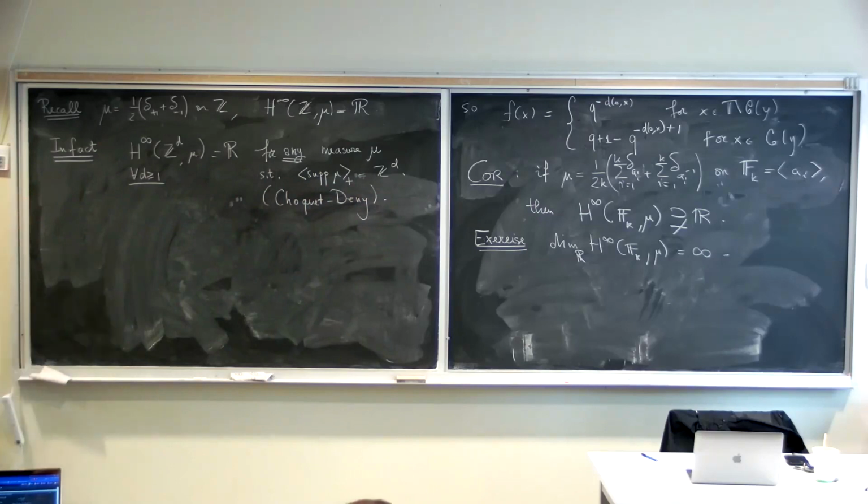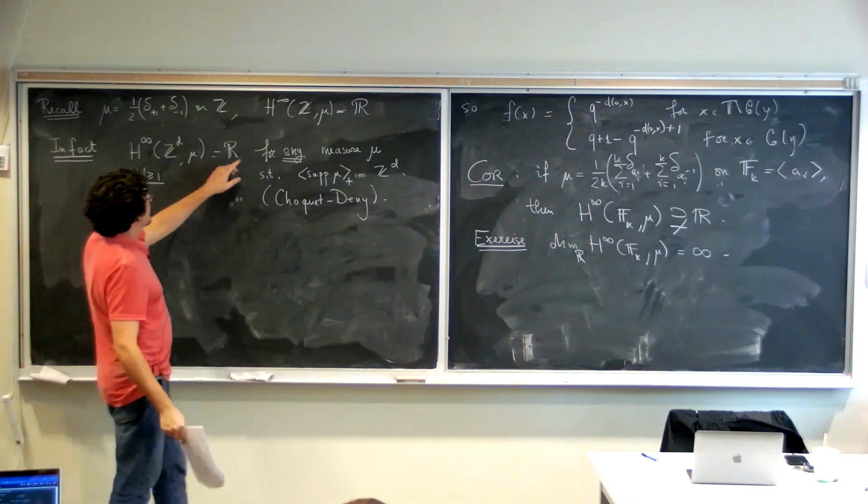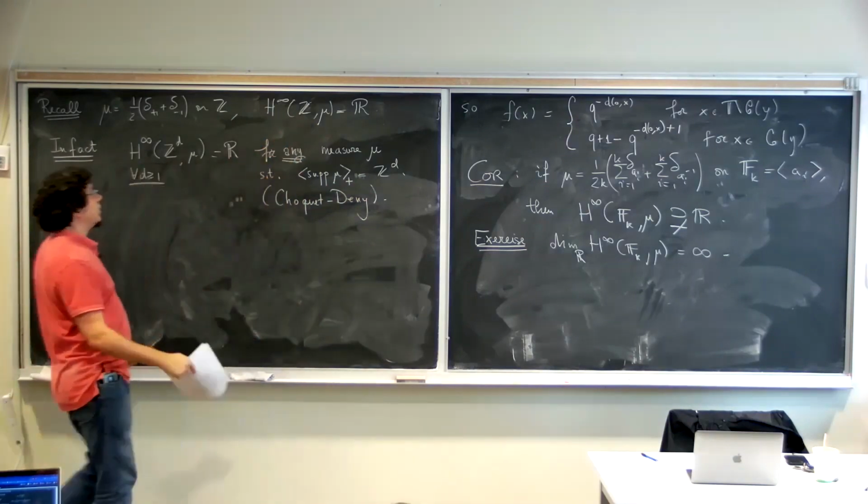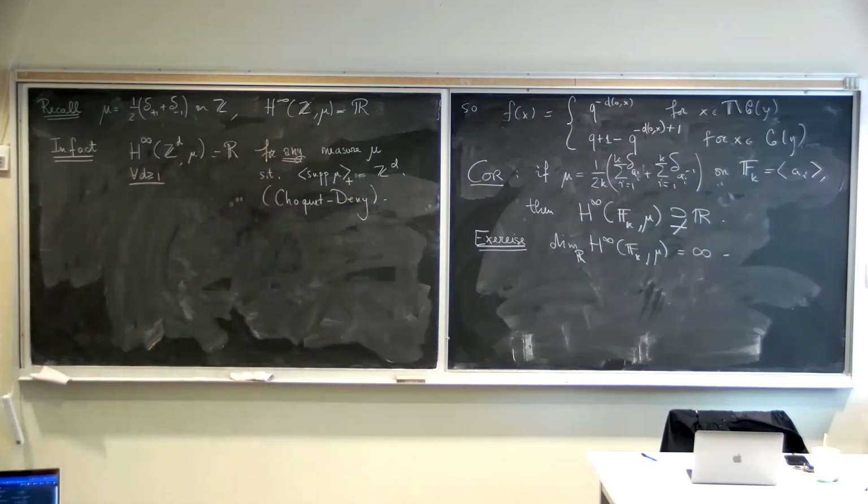We won't see the complete proof of this, but we will see two different proofs, at least, that the simple random walk in Z^2 has no harmonic function.